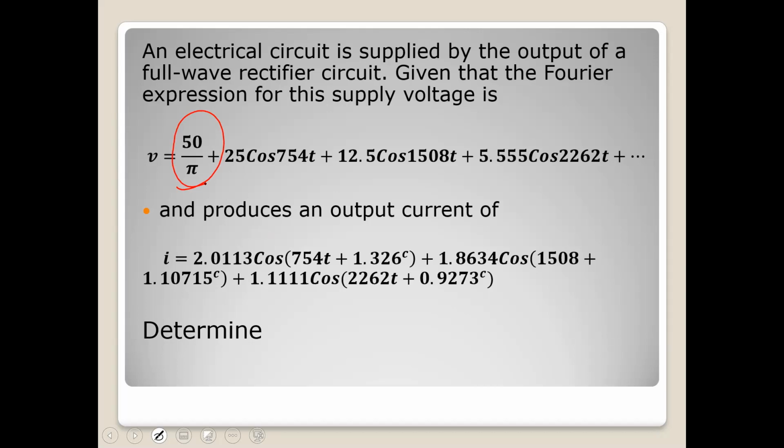All right. The next thing I want you to look at is the current expression. Do you see a DC component? No, sir. So if you see no DC component in the current, what is that telling you about the circuit?